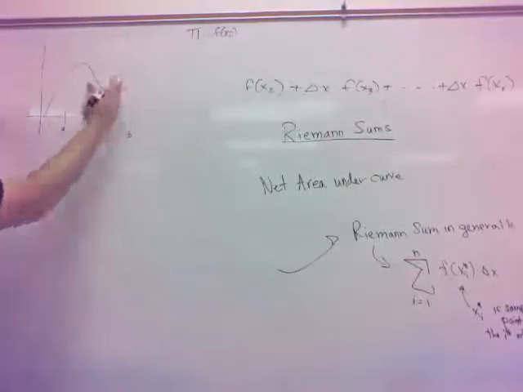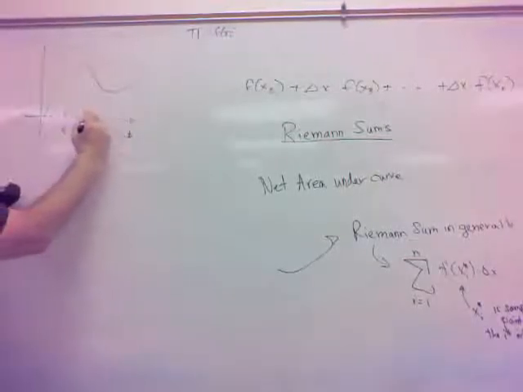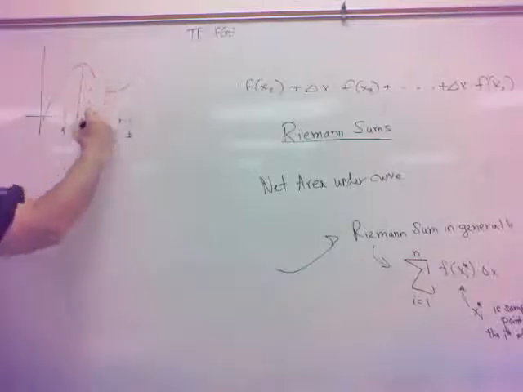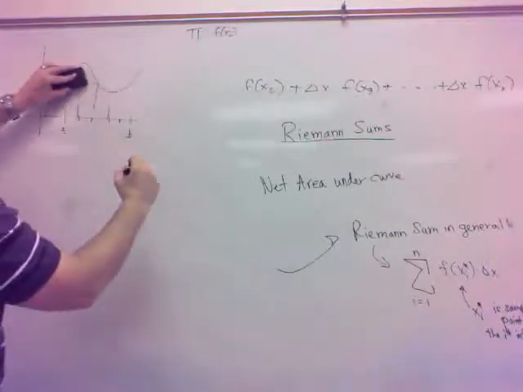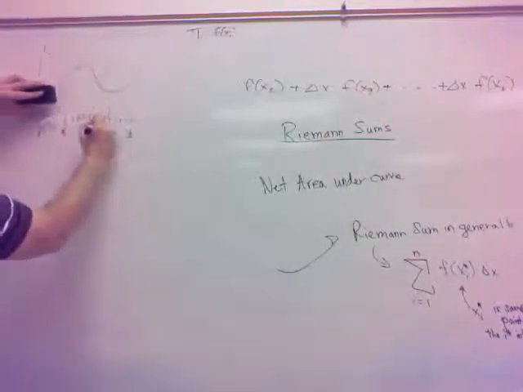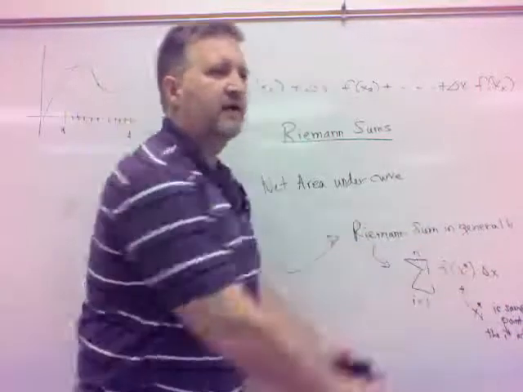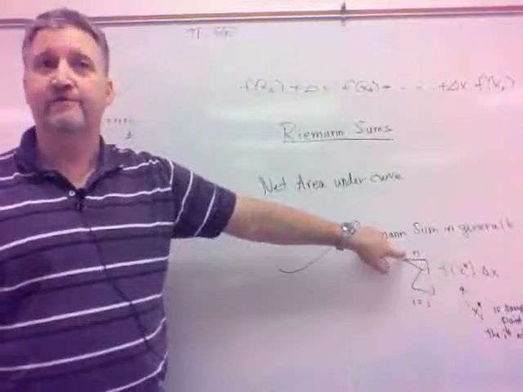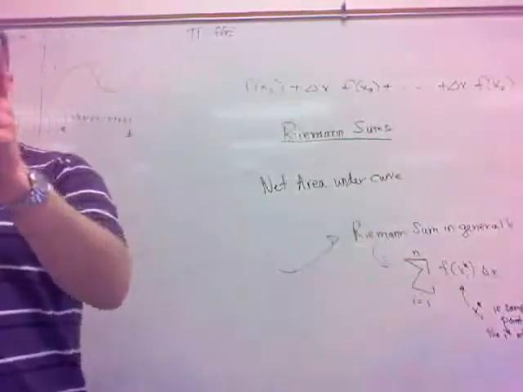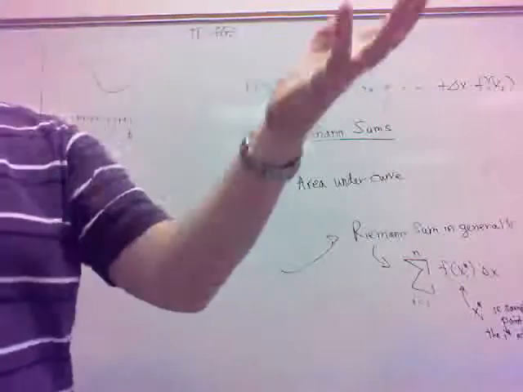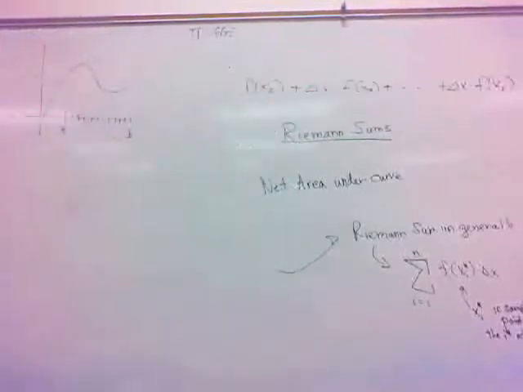With the rectangles, we get the approximation, here, here, here, whatever. But what if I want the exact area? Well, I keep doing more and more rectangles, right? I do 12 rectangles. I do 50 rectangles. I do 1,000. What am I doing? In this Riemann sum, I'm making n larger and larger and larger, right? So if I could somehow run n to infinity, wouldn't that get us a pretty good rendition of the area?